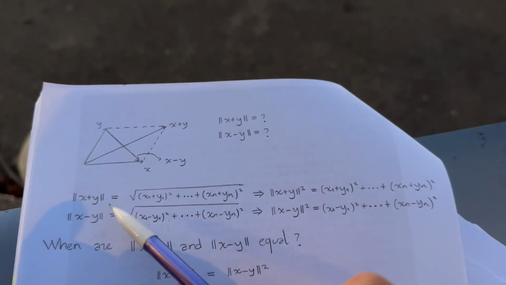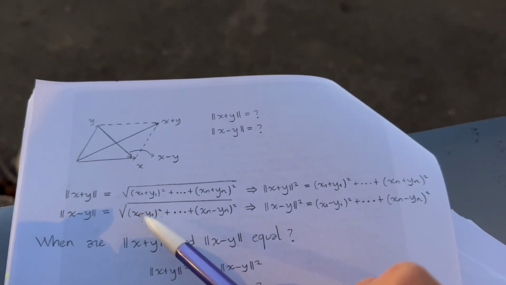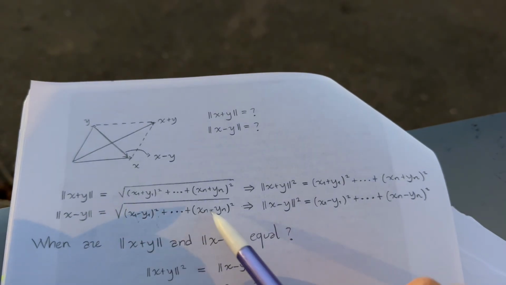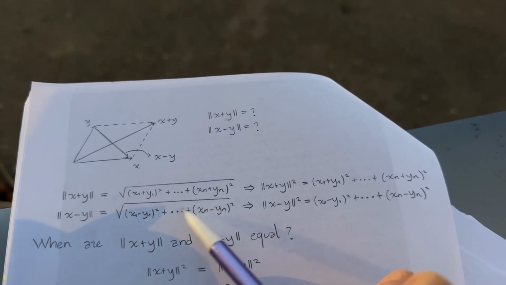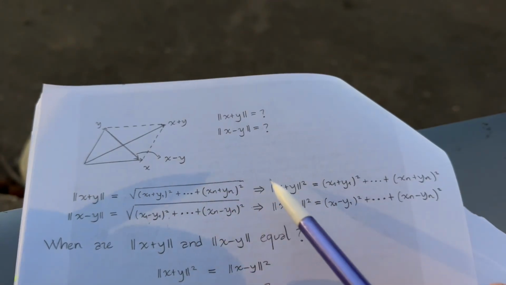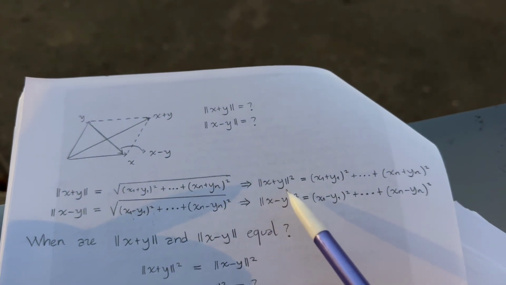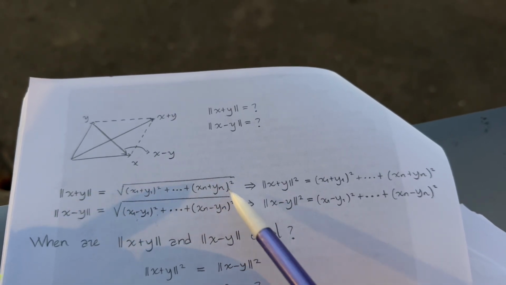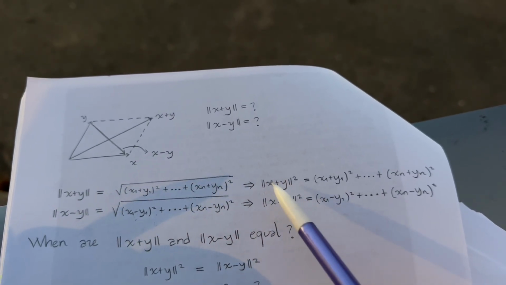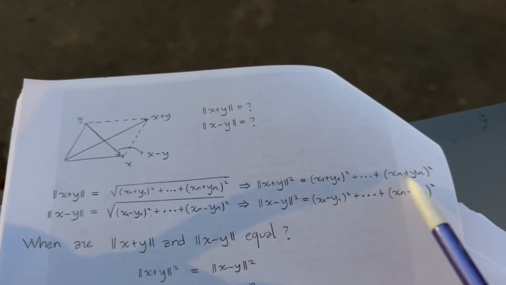Since we're talking about lengths, this quantity inside is a positive number because every term is squared, so we can just consider the length squared, so we don't have to deal with the square roots. Once we square the length, we will obtain an expression like this.